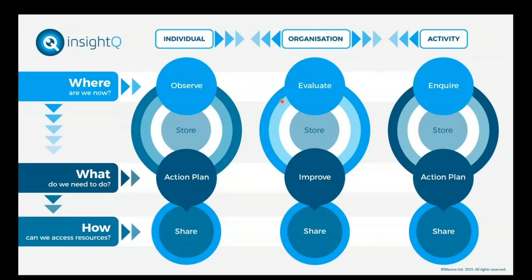What evidence do we have to support that judgment? And Evaluate also gives you a nice clear format to share and present that back to your colleagues, to leaders in your organisation, your external partners, Ofsted, etc., in a very clear and concise way, and in a way that's relevant to them. Evaluate also uses dashboards to help you and your contributors to be more considered in your judgments and therefore more accurate in your self-evaluation, which gives you confidence in that process and really helps you with your reviews.